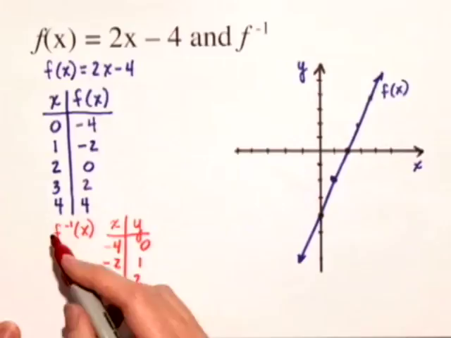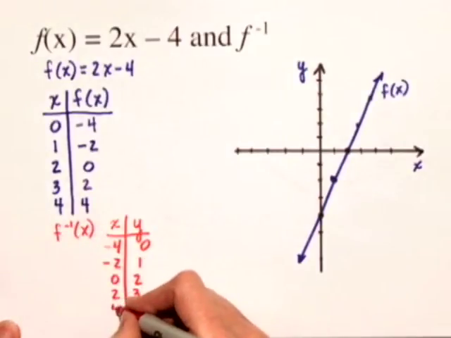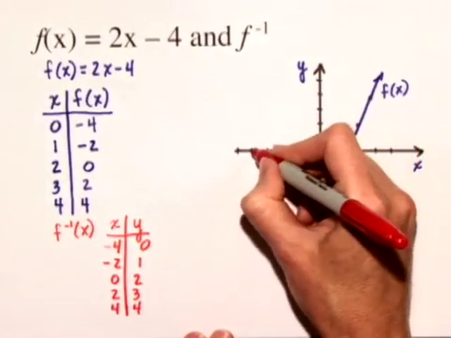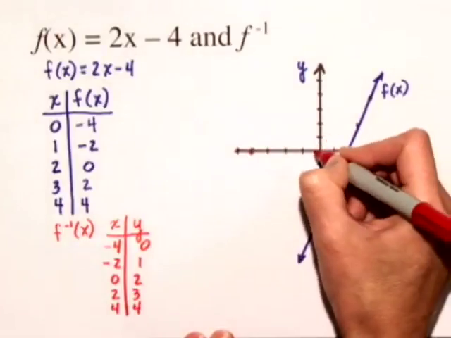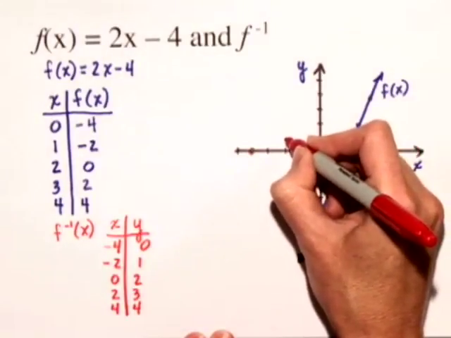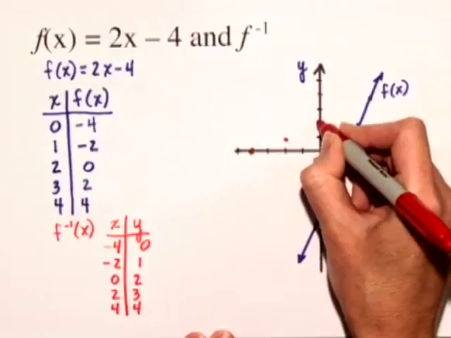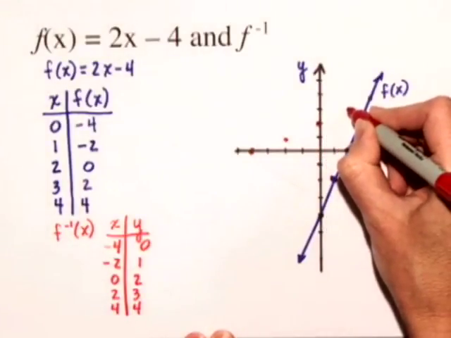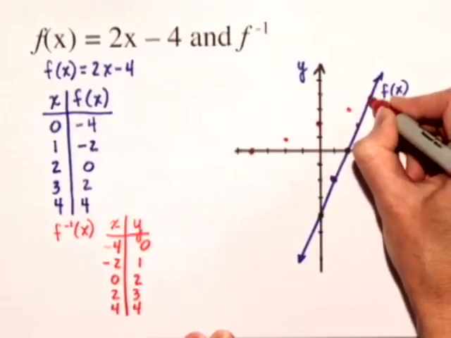And finally, 4, 4, when we switch it, is still 4, 4. Now we have 5 points, and we can graph the inverse function. So we have negative 4, 0, negative 2, 1, 0, 2, 2, 3, and 4, 4.